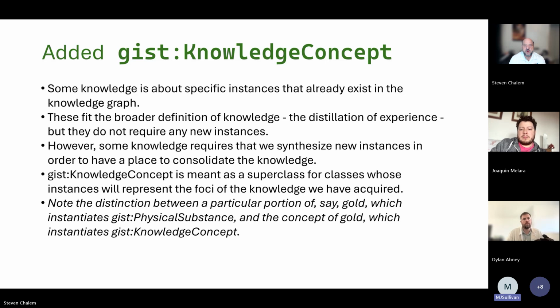How would you link them? Well, in the first instance, if we have something we want to say about gold in general, and not about a particular piece of gold, we would use predicates to attach that to the knowledge concept of gold. As far as how we would connect a particular physical instance of gold with that concept, is that a taxonomic relationship?